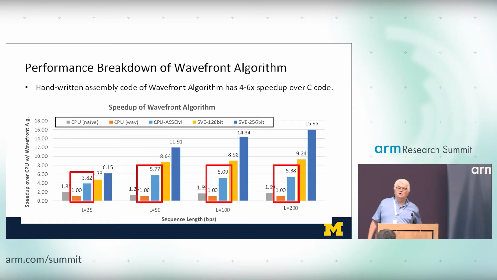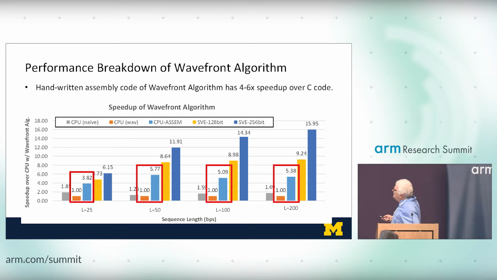I guess what I should have told you is that we ran a regular C version of the algorithm on the single core and then hand-coded everything on the SVE, which was quite tedious. Vector agnosticism and predication help, but it still means you have to do a lot of nitty-gritty assembly language coding.